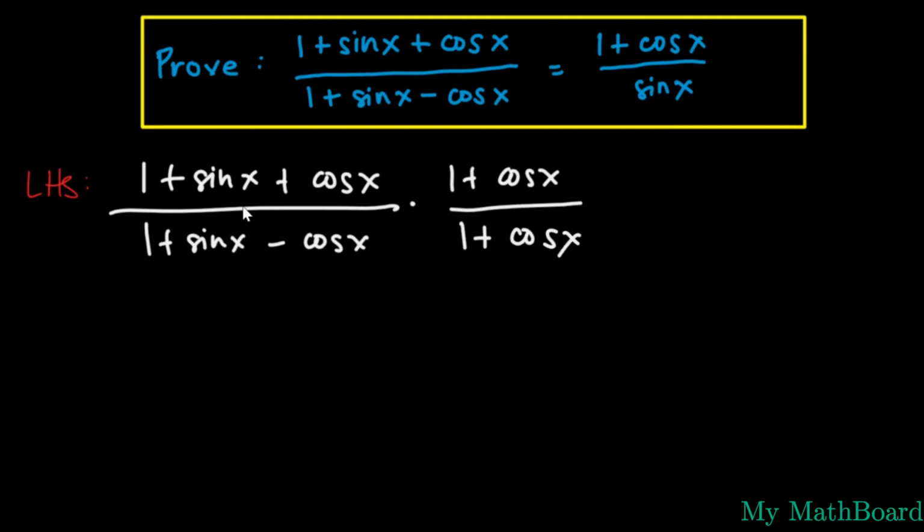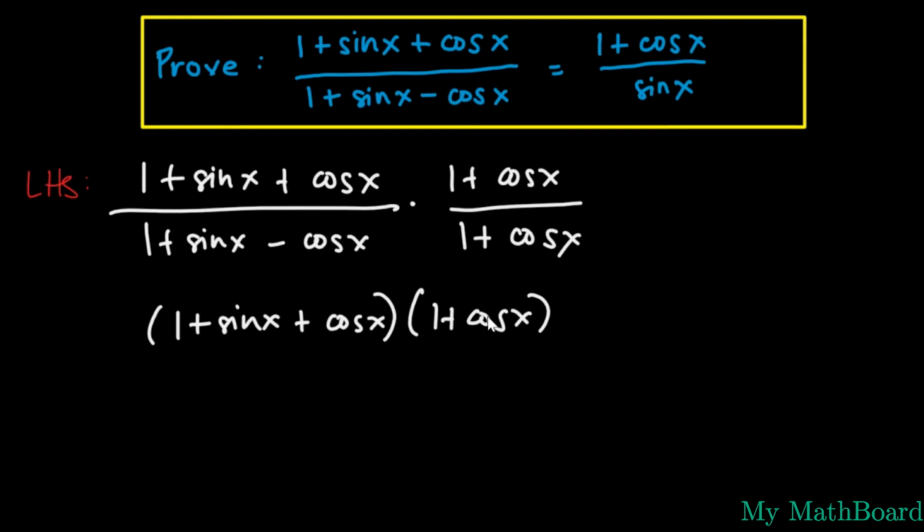Okay, then sa numerator, factored form na lang gagamitin natin. So, ikakopy lang natin yung numerator in factored form, which is (1 + sin x + cos x) times (1 + cos x). So, para nandito pa rin yung 1 + cos x na kailangan natin.